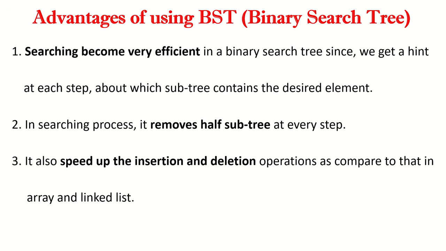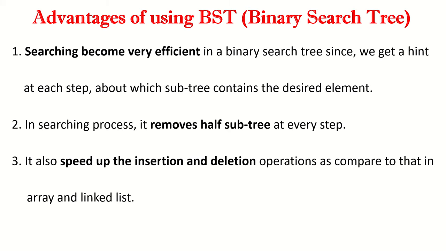So all the ADTs show that a binary search tree makes the searching process very efficient, since we get a hint at each step about which subtree contains the desired element, like whether you want to move in the left subtree direction or whether you can find the element in the right subtree.